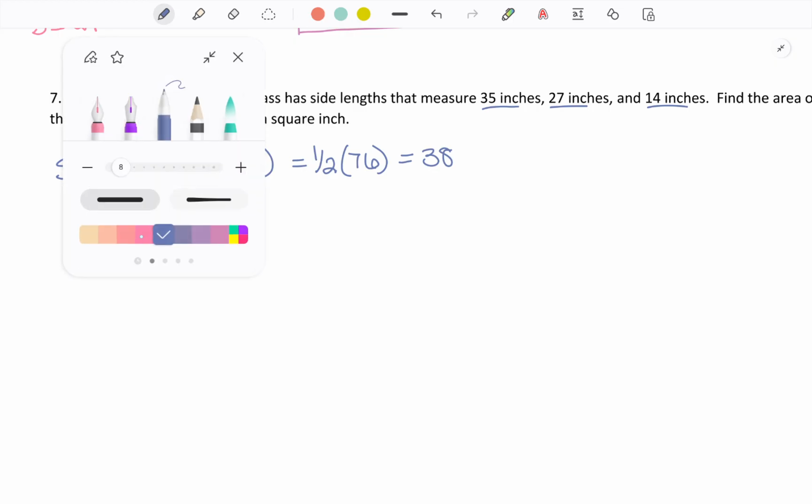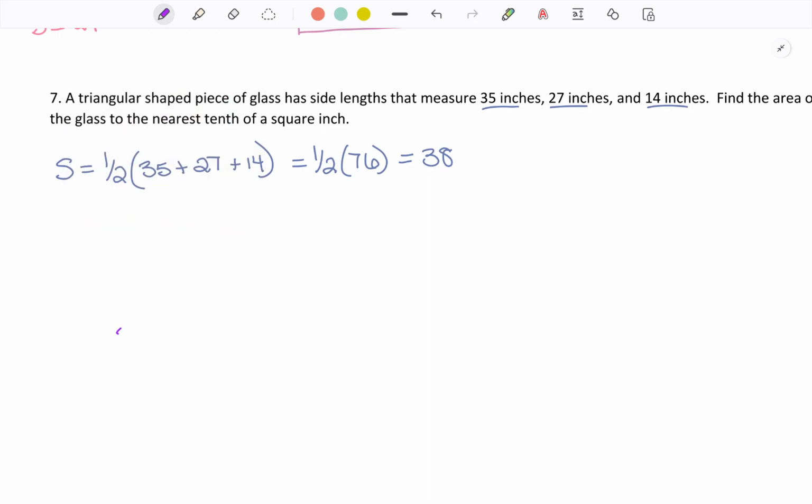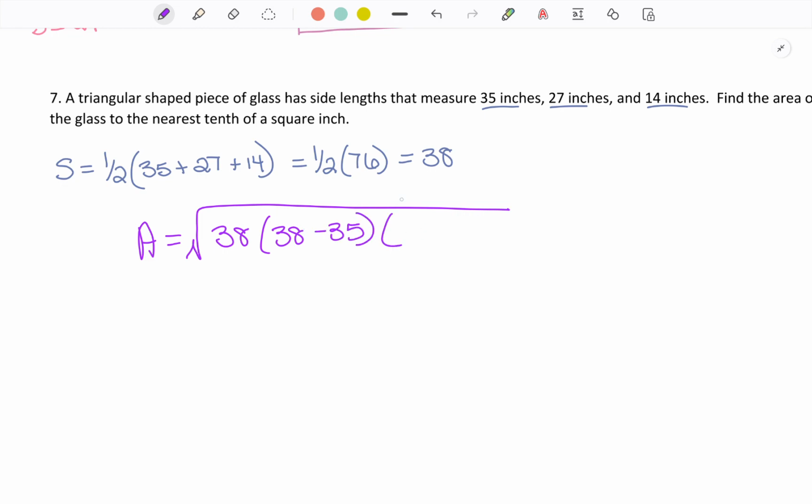And so then we have our area. So we'll have a big square root. So we have 38 because that's our semi-perimeter. We have 38 minus 35. And then 38 minus 27. And I didn't make it long enough. 38 minus 14. So then we'll do our subtraction.